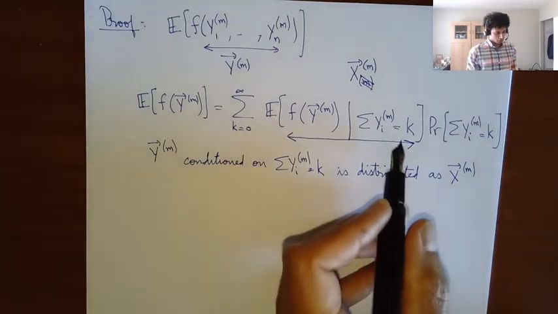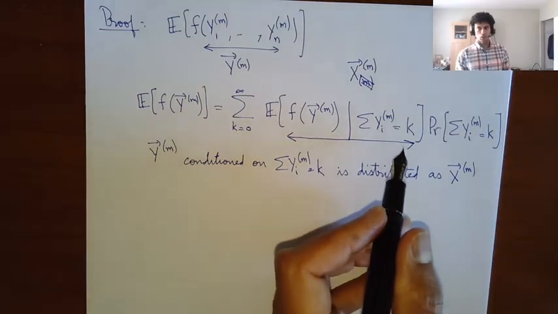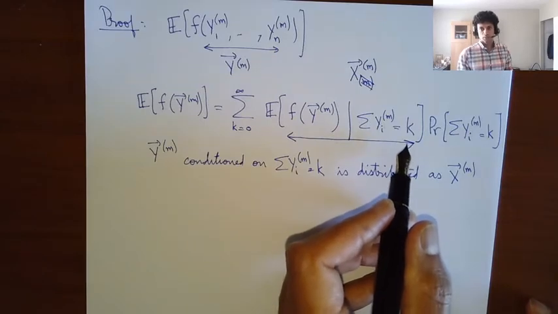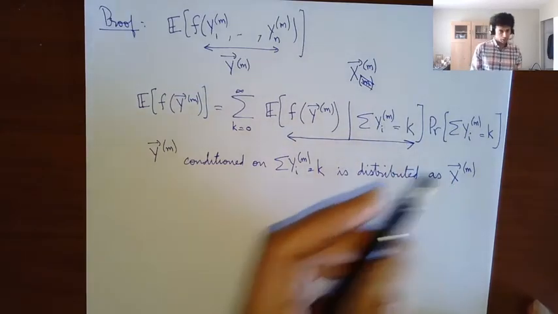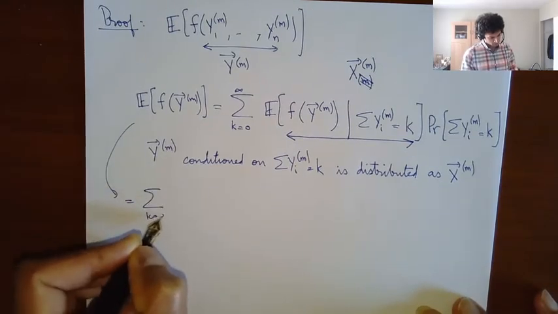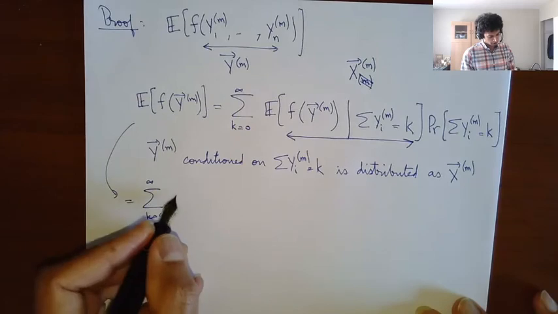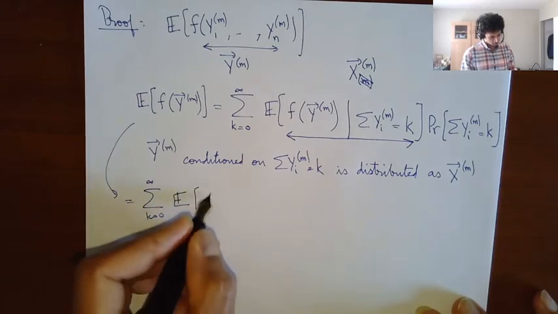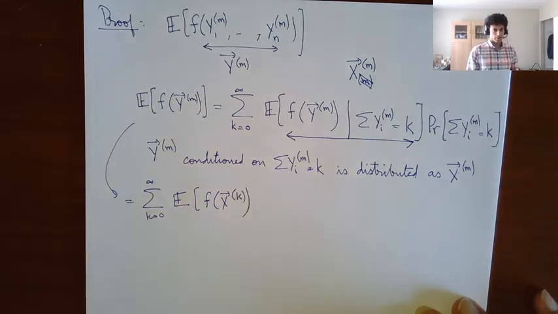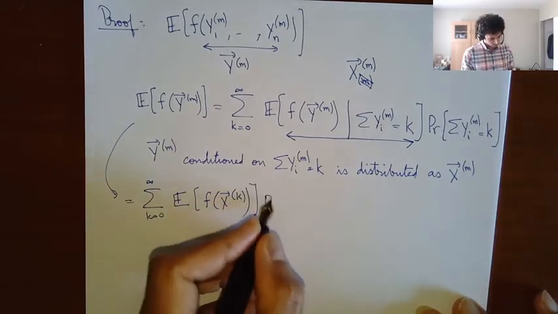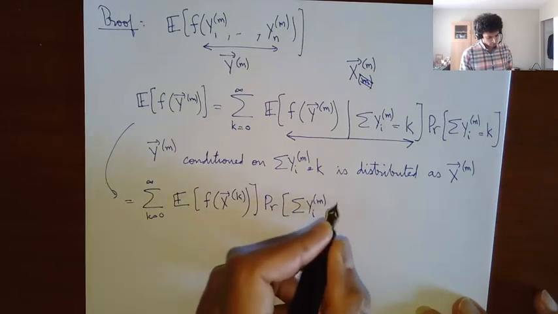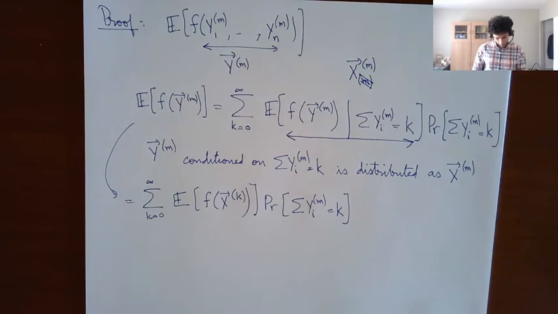So when you condition on the total number of, I guess in this case successful trials, then that is exactly a balls and bins experiment. So I can then replace the y's over here, and just say the expectation of f of x k. Right? K is going from 0 to infinity times the probability that the summation of yi of m is equal to k.